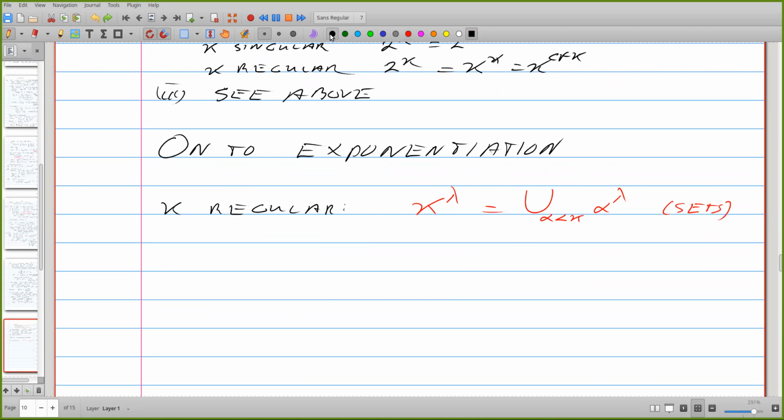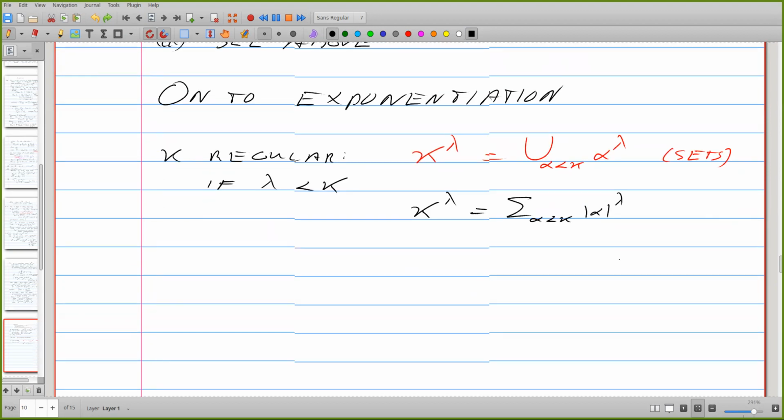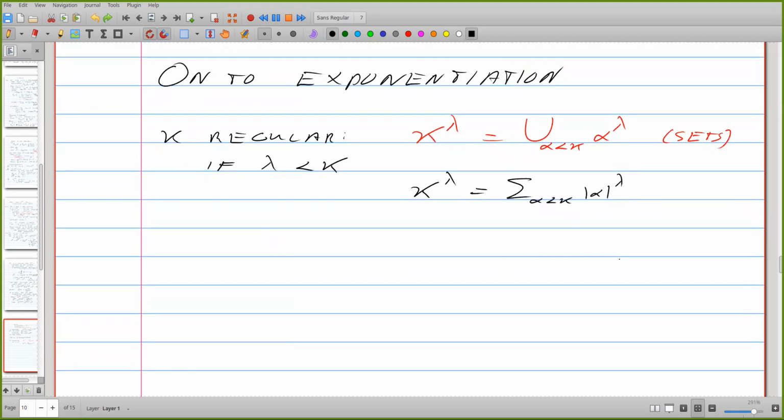If kappa is regular, then we get this, because if lambda is less than kappa, then lambda is less than the cofinality of kappa, and so kappa to the lambda is the sum. We have seen that already, but I'll just write that down for emphasis, because what happens if kappa is a successor?